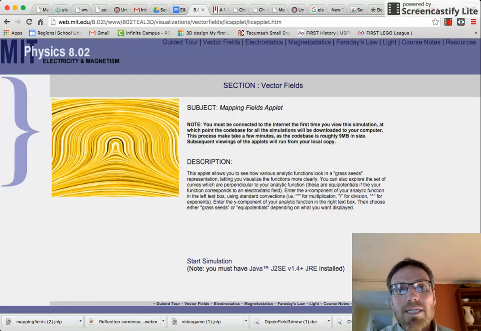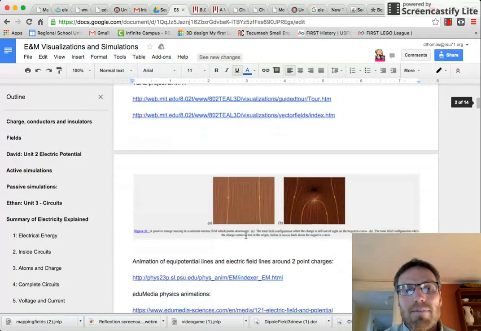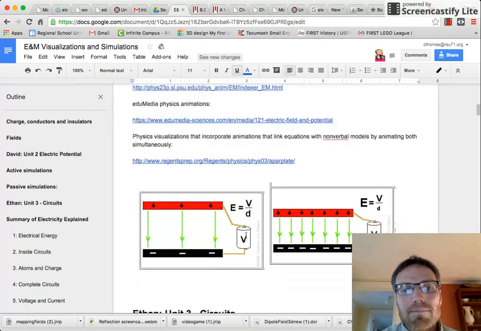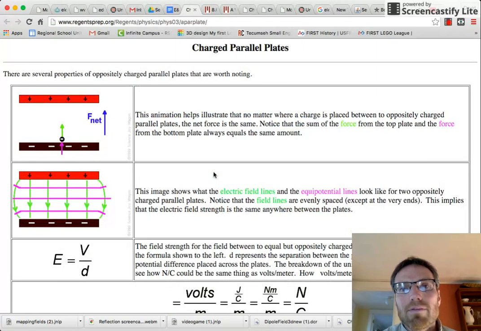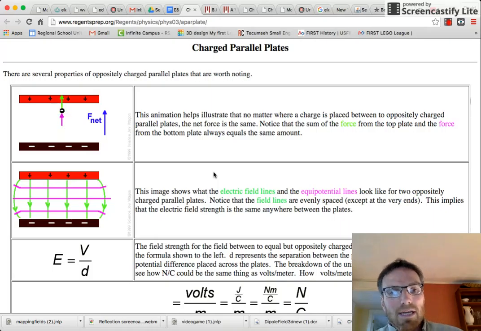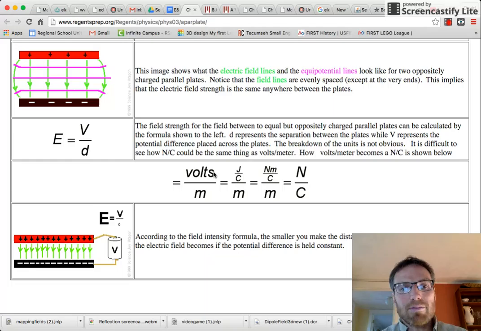Some other visualizations that we looked at here. So we looked at the TEAL, and then we also looked at lots of other visualizations. So I listed a bunch here. This one's very intriguing. It's fairly simple, but it is wonderful because it relates to these little mini simulations.